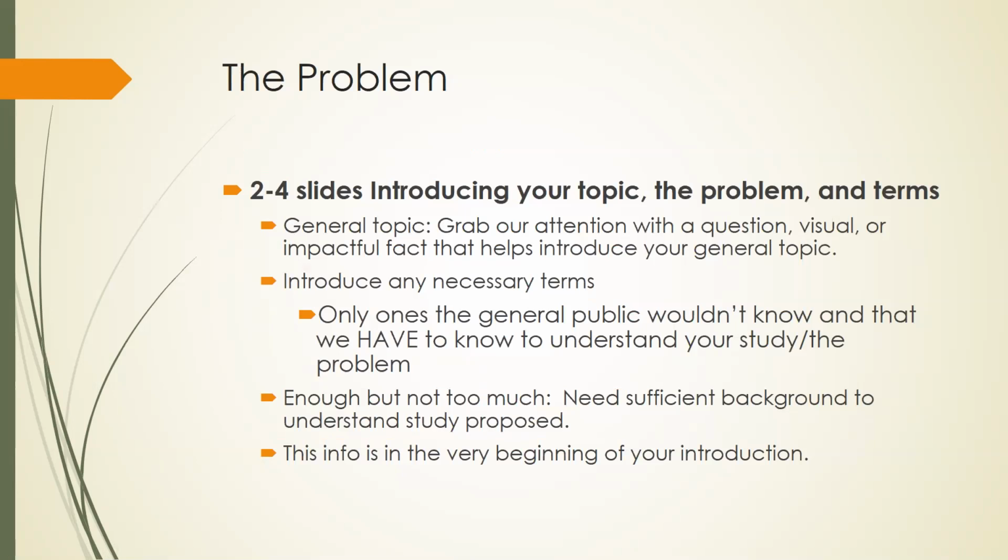Then, after telling them this problem, you want to get a little bit more narrow and introduce any terms that are crucial for them to know in order to understand your study. If you're doing a study on substance abuse disorder, that's probably an important thing to define or describe to your audience before you get any further, because they don't know what it is.